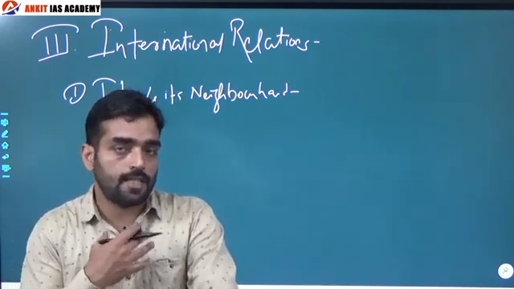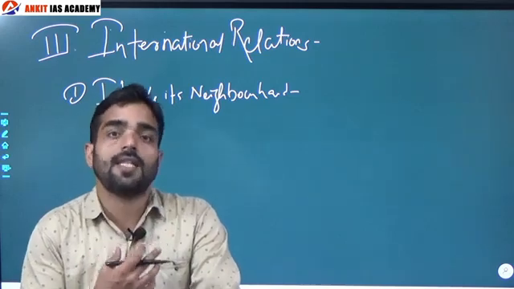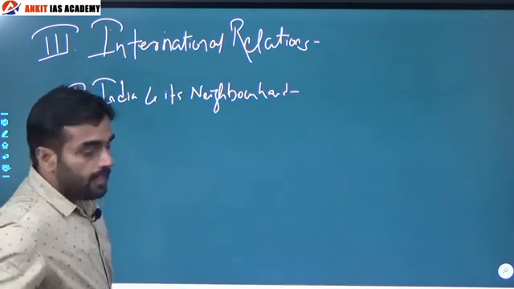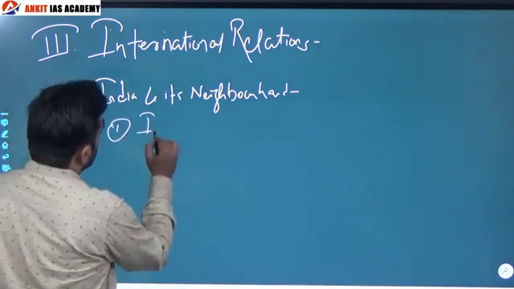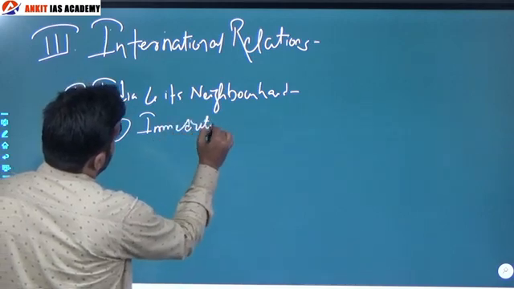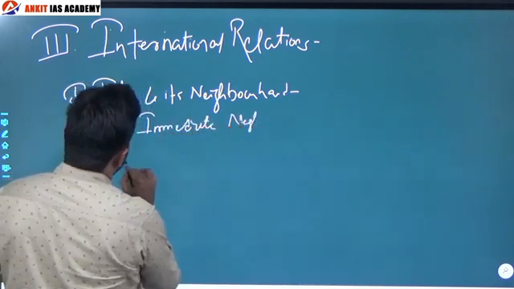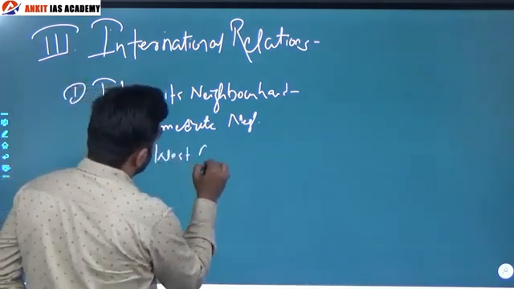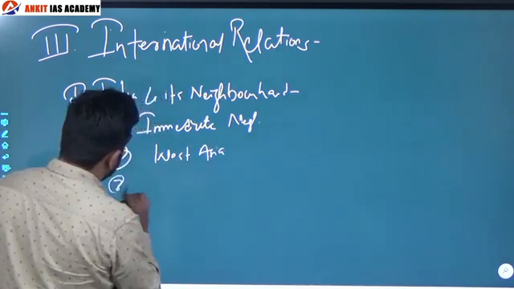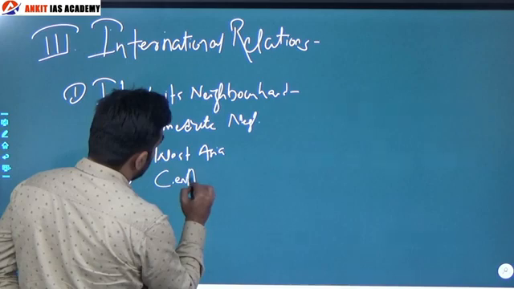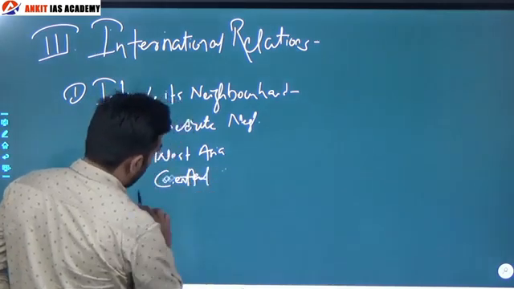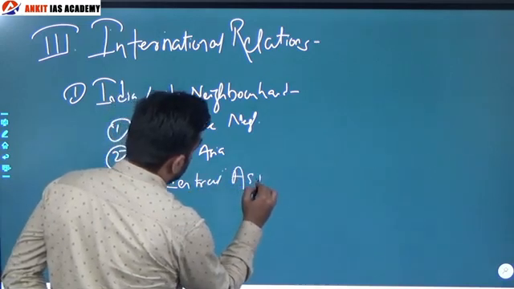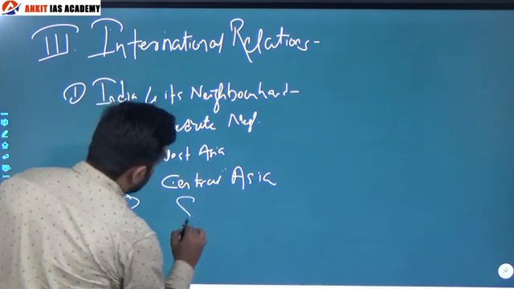Then since the topic is about neighborhood, we also use the term extended neighborhood. First is the immediate periphery, immediate neighbors. You know very well who all are immediate neighbors. Then in extended neighborhood, we can talk about West Asia, Central Asia, Southeast Asia.